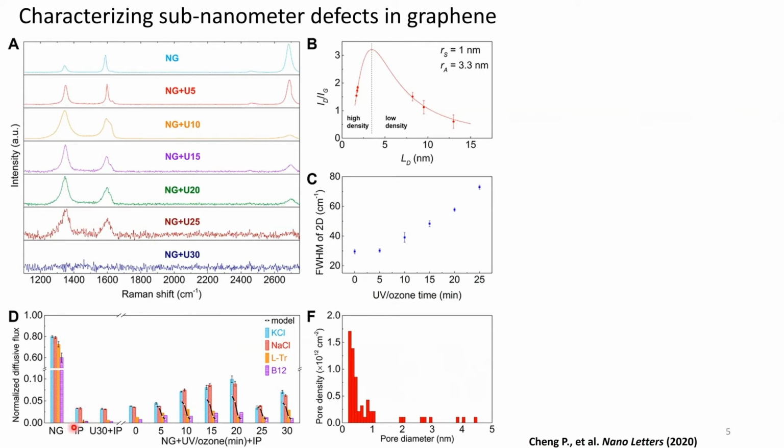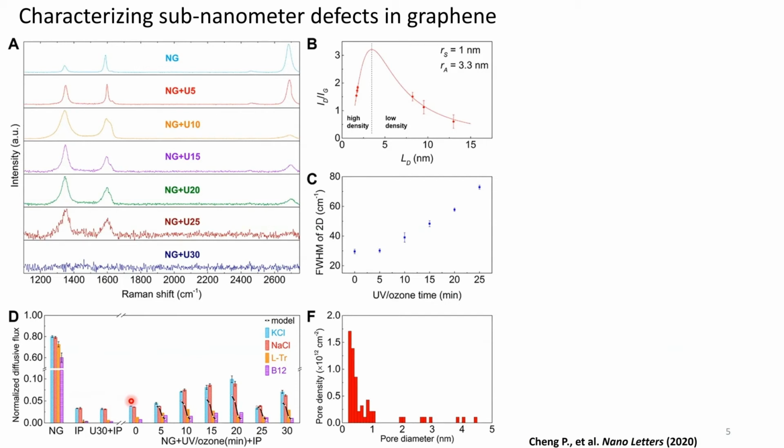This is primarily only for the polycarbonate track-etch membrane with interfacial polymerization. When you take the polycarbonate track-etch membrane and only do UV ozone treatment on it, now this is without graphene, and then do interfacial polymerization on it, this resembles the polycarbonate track-etch membrane that was initially only treated with interfacial polymerization. So effectively, nothing changes on the support due to UV ozone treatment.